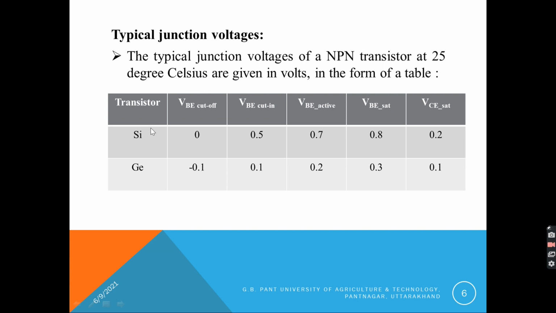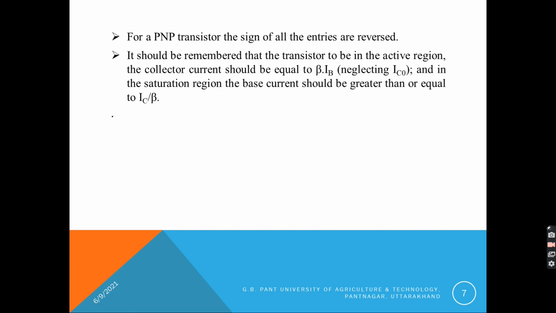You can see the two types of transistors mainly available, silicon and germanium, and the junction voltages in different modes of operation: VBE at cut-in, VBE in active mode, VBE in saturation mode, and VCE in saturation mode. So this table gives you the values of the junction voltages for an NPN transistor. For a PNP transistor, the signs of all the entries are reversed.